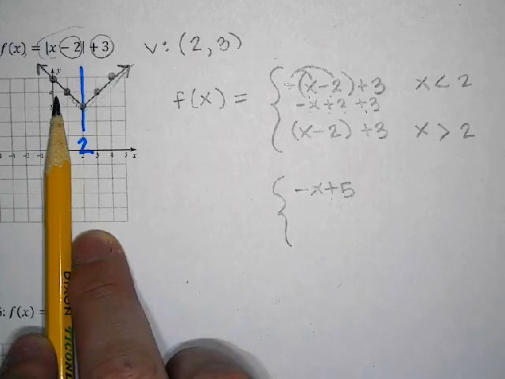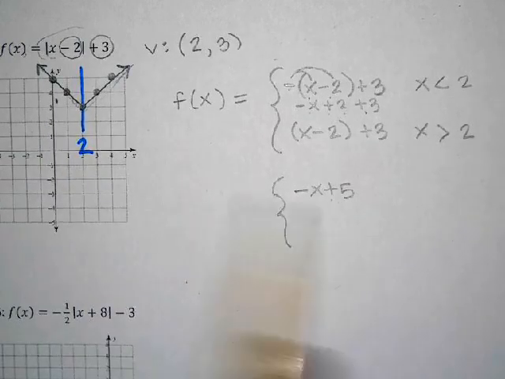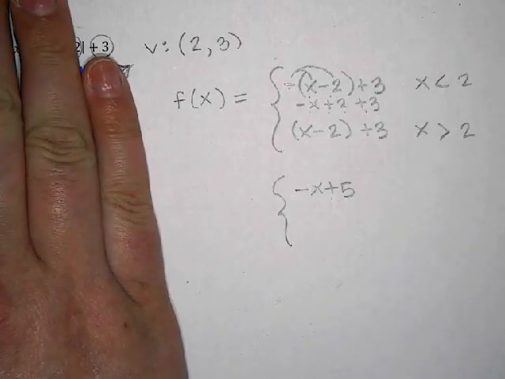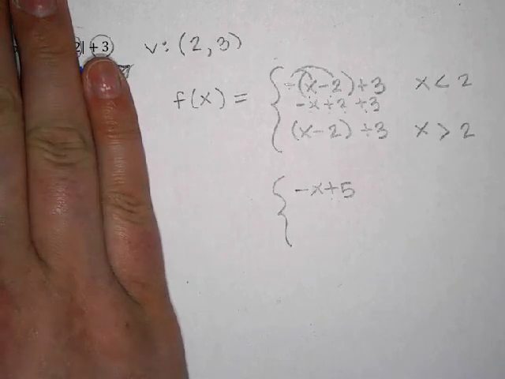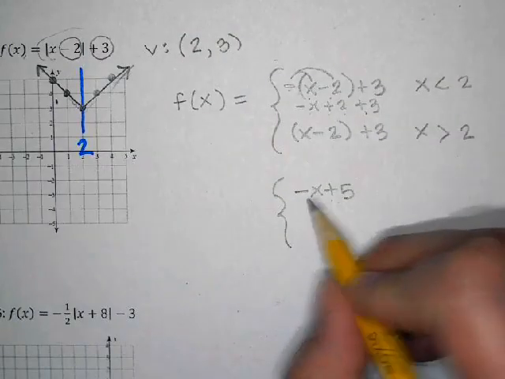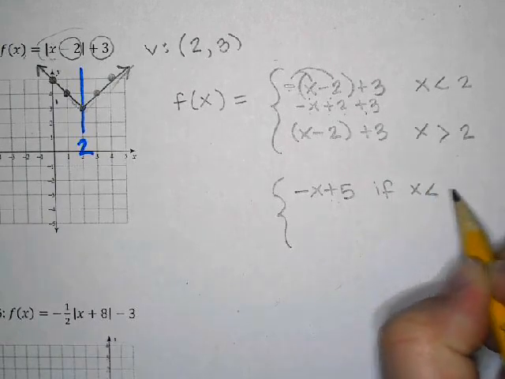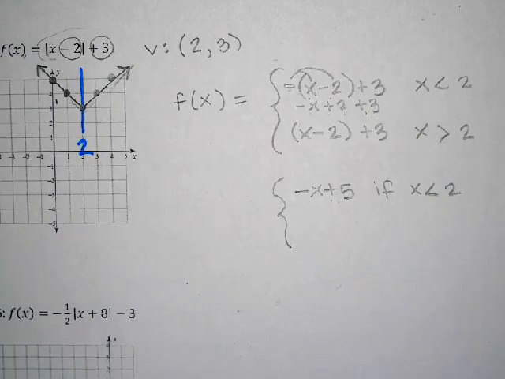So what we did is, even though we had the graph, we basically didn't look at the graph to actually find the equation. We kind of ignored the graph, and we found the equation without really thinking about it. Does that make sense? Okay. So we said negative x plus 5, and we're going to say if x is on the left part of the graph, to the left of 2, okay?